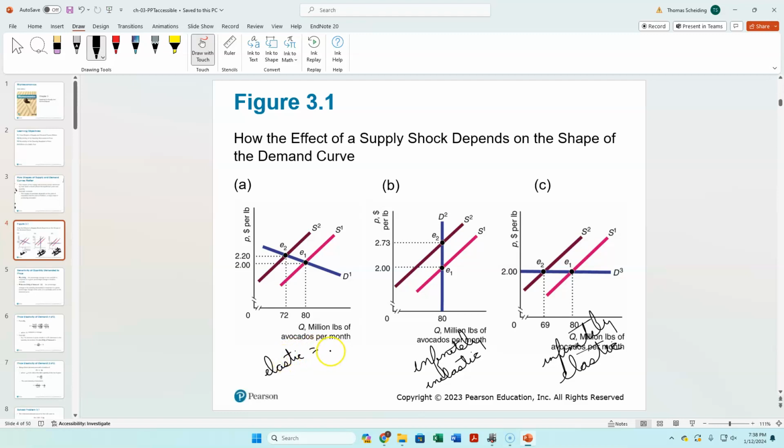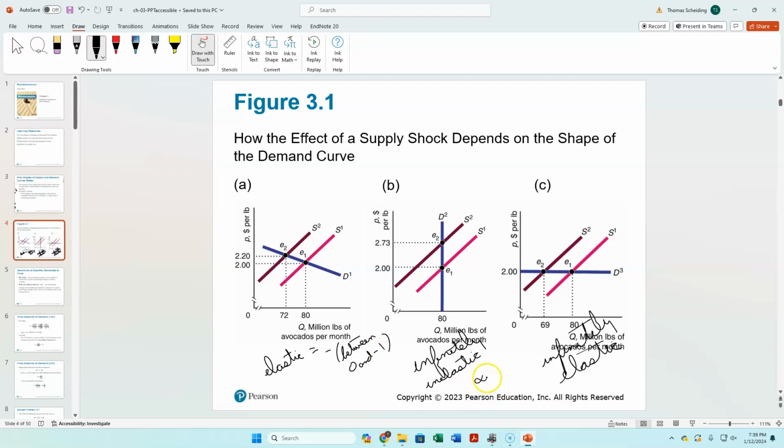Here, the elasticity would be a negative number, so elasticity of demand is always negative because the demand curve is downward sloping. But here it would be some negative number between 0 and -1.